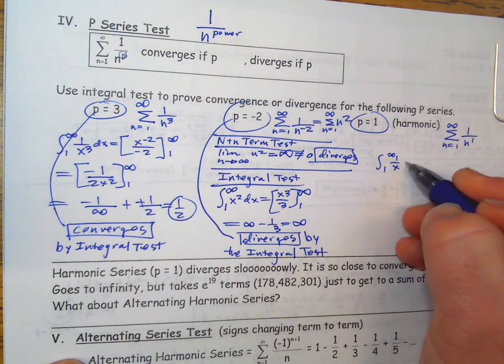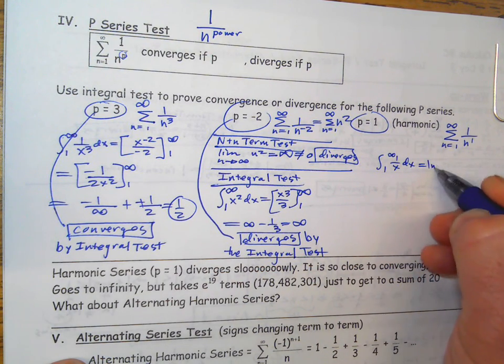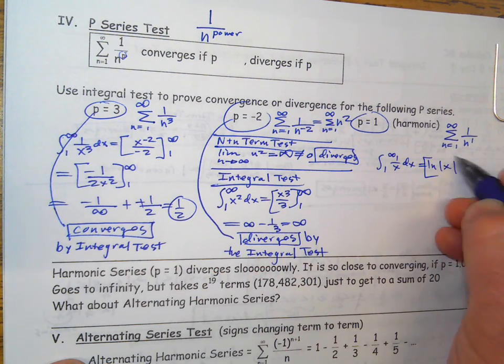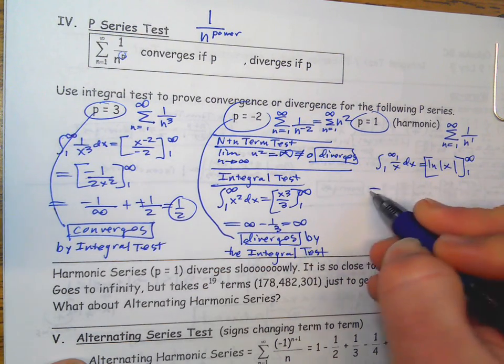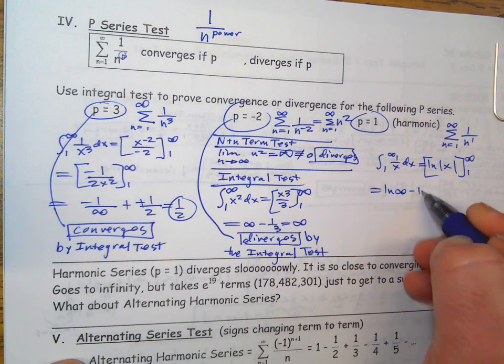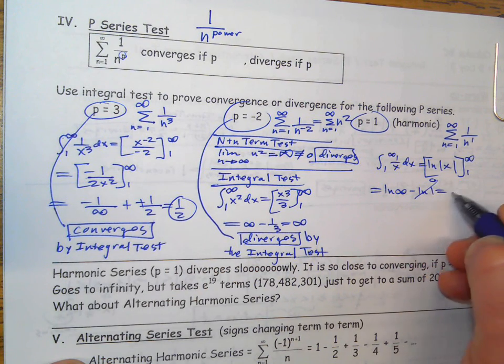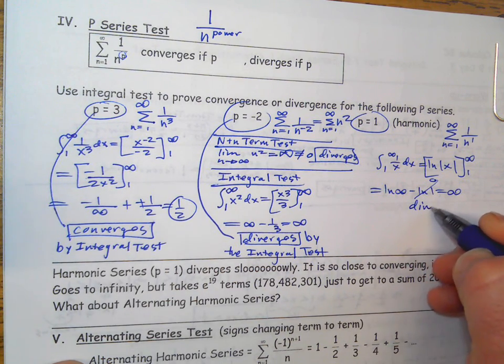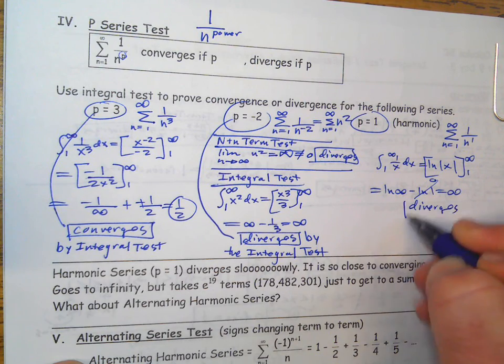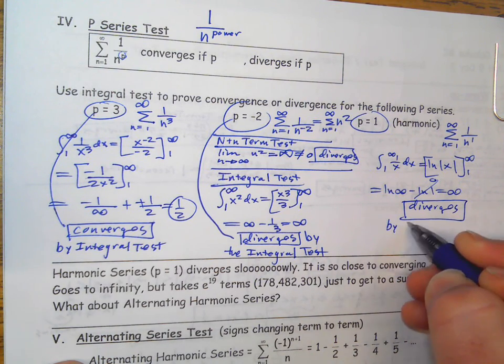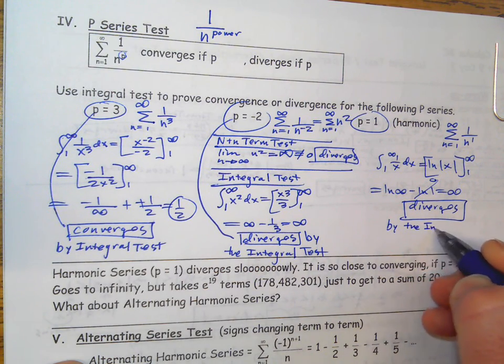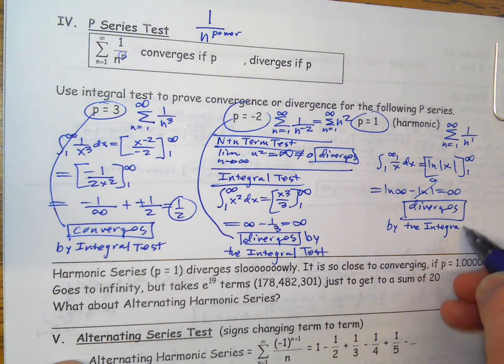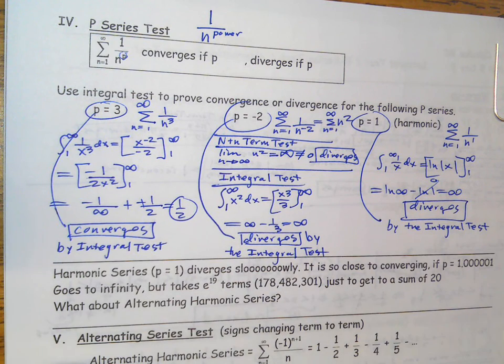We already showed this on the front. We get natural log of the absolute value of x. So we get natural log of infinity minus natural log of 1, which is 0, and it blows up. It diverges by the integral test. So p equals 1 diverges.